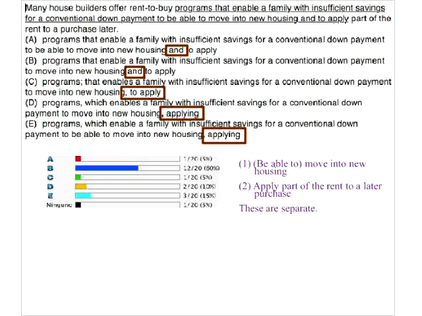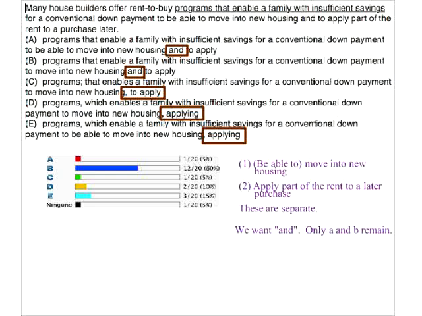These are not even related ideas, because one of them is about moving in, and one of them is about what they do with rent money. So these are separate. So if we realize that, then we know that we're looking at another situation that requires AND. So we want the AND that leaves us with only A and B.